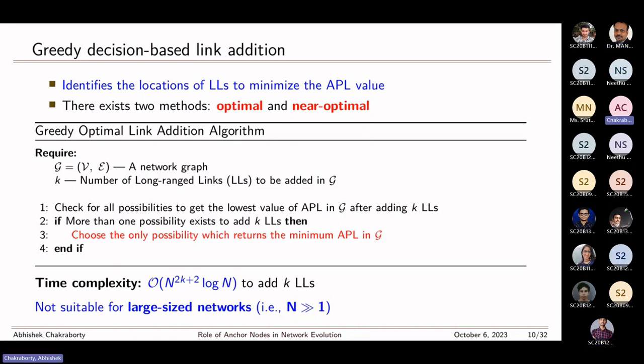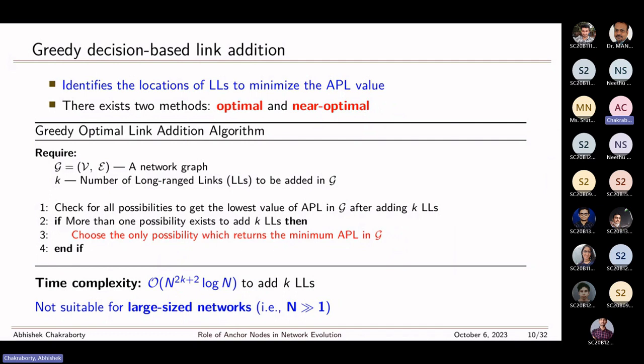So any question? Okay, so here what I was telling, just look at the time complexity for an n node network where we are adding only KLLs. For example, just take 1 LL. If it is one long link, it is n to the power 4 log n.